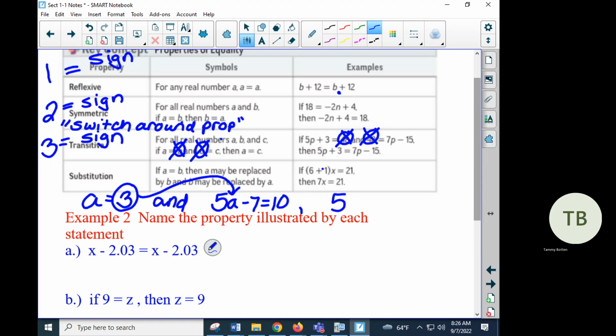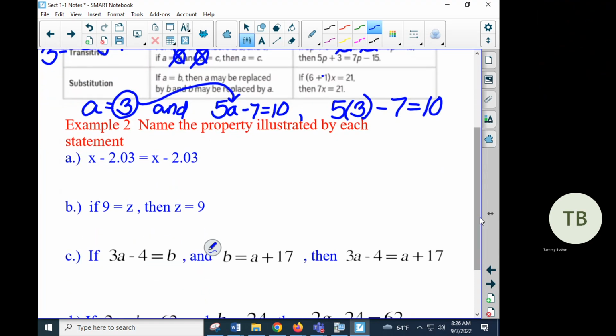So they would say 5 times 3. So they put that 3 in here, and then the rest of it would stay the same. So substitution is different than transitive, because transitive has to have the ending of this and beginning of that the same. In substitution, that doesn't have to be the case. Usually if you're struggling, think of substitution, and substitution can be if you take something out and put something else in.